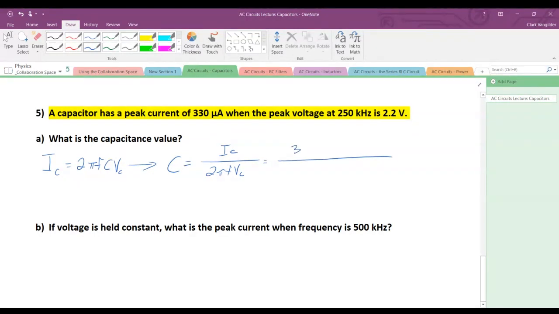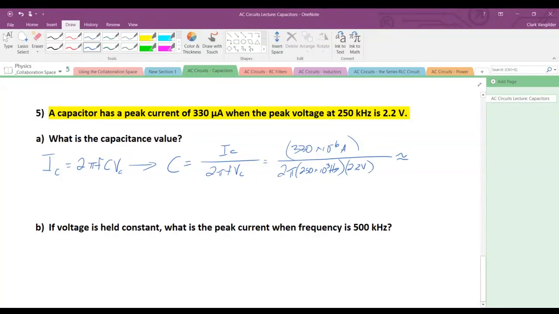So 330 times 10 to the minus 6 amps over 2 pi, 250 times 10 to the 3 hertz, and 2.2 volts.